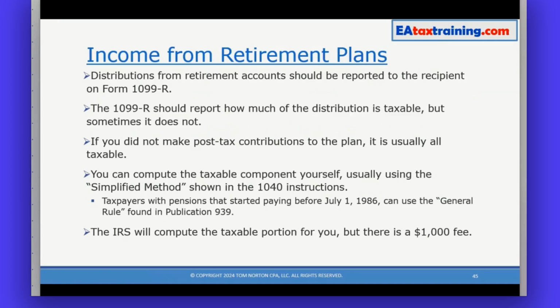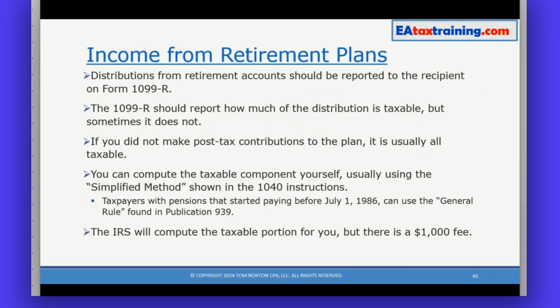First of all, distributions from retirement accounts are reported to the recipient on a Form 1099-R. The 1099-R should report how much of the distribution is taxable, because remember, you could have a mix of taxable and non-taxable amounts, but sometimes it will not do that.